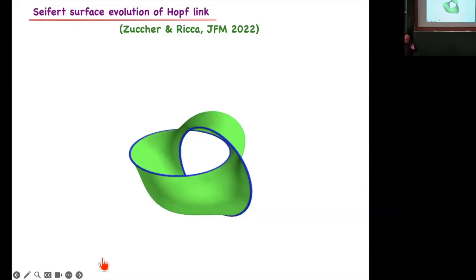I just set up the initial conditions so that I invite the loops to reconnect and produce something more complicated. If I let it go, naturally they reconnect in an anti-parallel way, and then they decay to unknotted, unlinked loops.